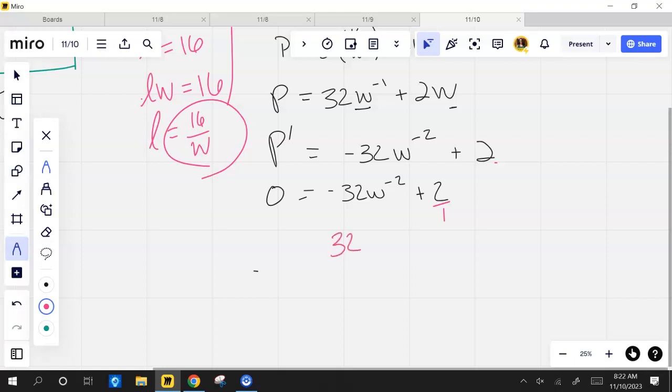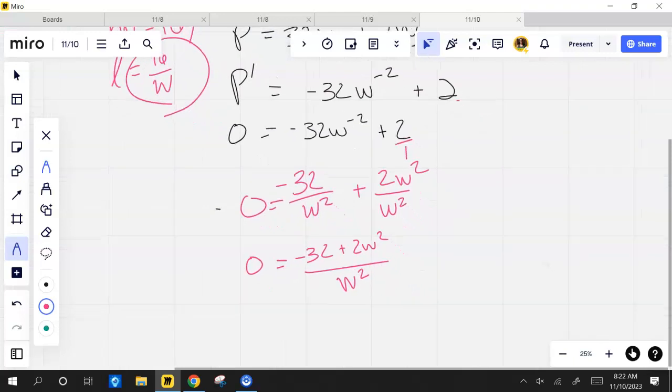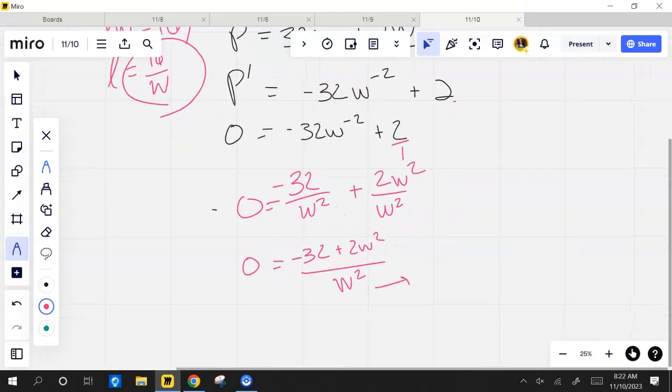All right, so 32 over W squared plus 2, I'm going to make this W squared. 32 plus 2W squared over W squared. This going to 0 is not going to impact anything, because W can't be 0. I can't have a 0 width, because I wouldn't have a rectangle anymore, right?